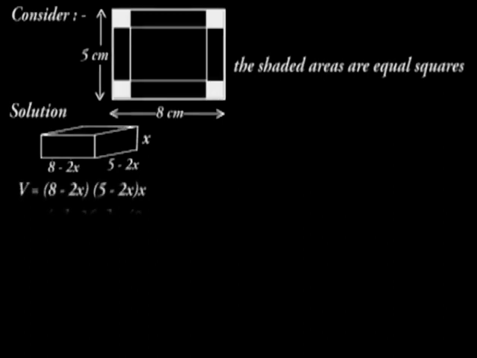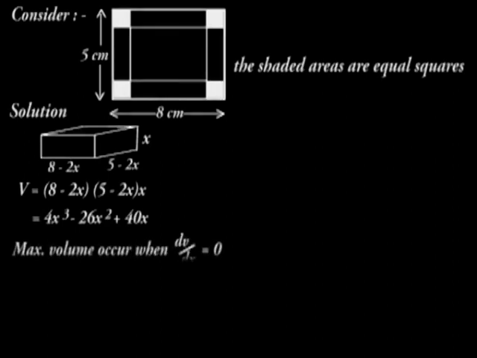Volume is given by (8 minus 2x)(5 minus 2x)(x), which is 4x cubed minus 26x squared plus 40x. Maximum volume occurs when d volume over dx is equal to 0.